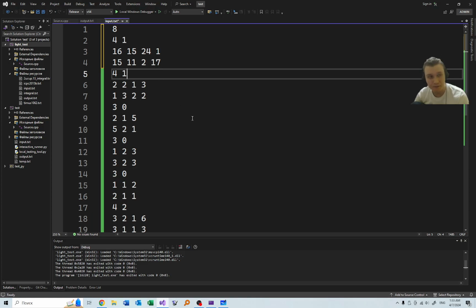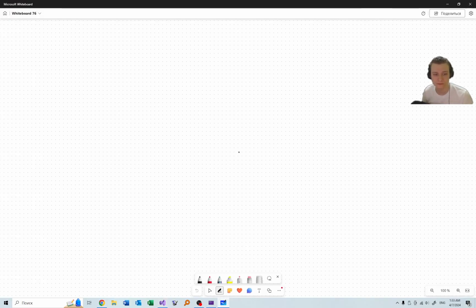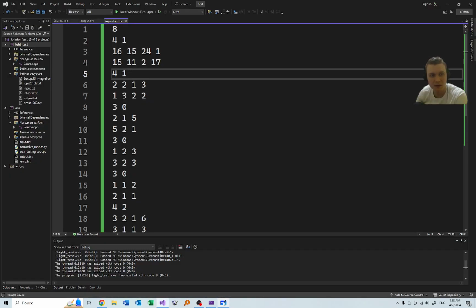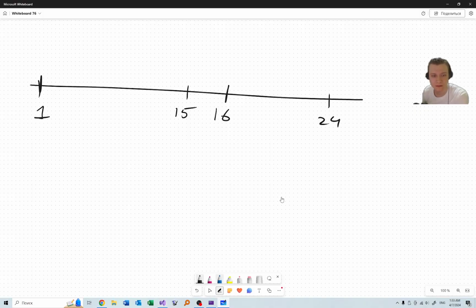We have here 4 persons: 16, 15, 24, and 1. And we want to send the ball here.